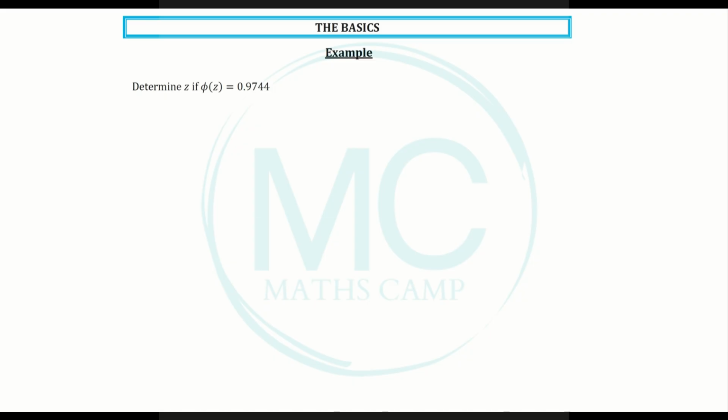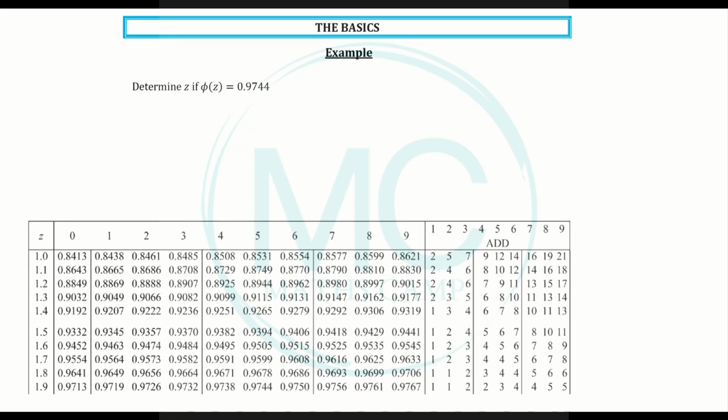Let's take our table, and down here we have our probability 0,9744. Let's start with the row. It's row 1,9 and column 5. So we can see that z is equal to 1,95.